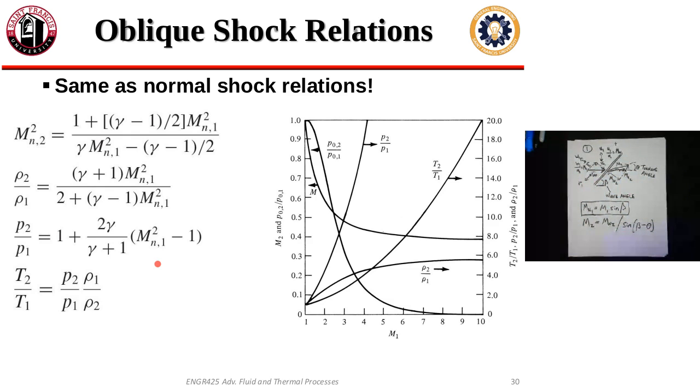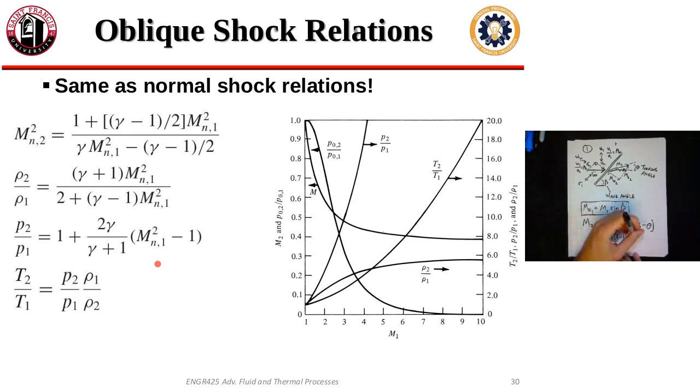Ba-bam. So popping back over to the document camera, if I have MN1, I know that I can run one of these oblique shock relations. So in this case, I can grab the first one, and I'm just copying it right off of that slide.